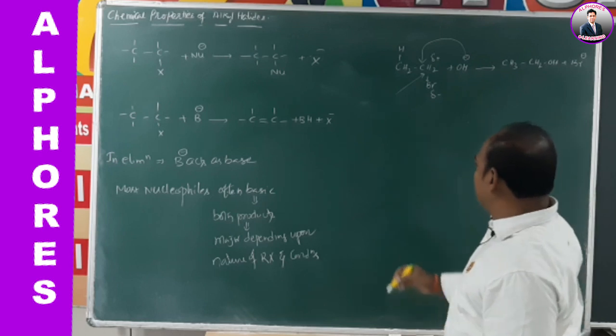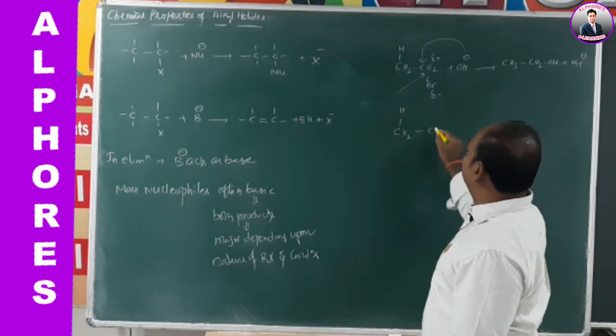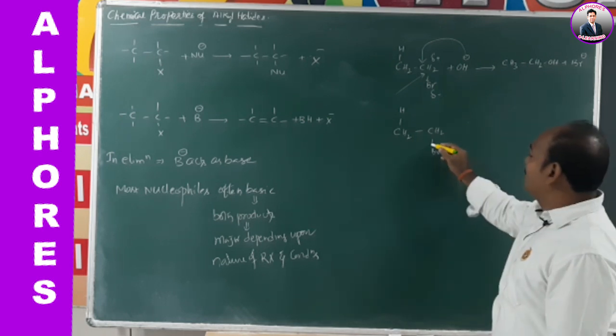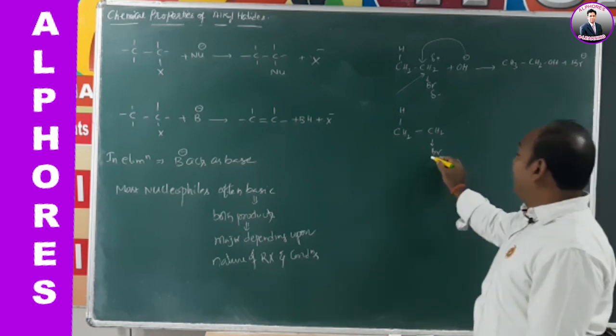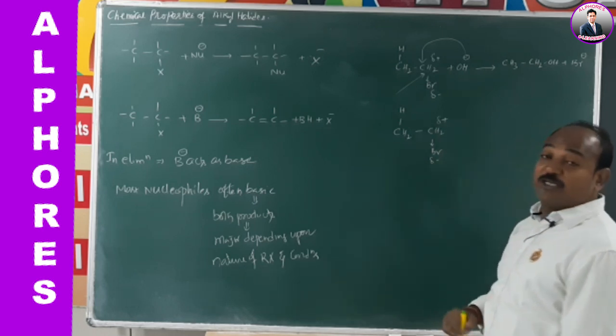Now, for the same situation, I am going to explain in a different way, CH3CH2Br. Whatever we discussed, Br is more electronegative, pulls electrons towards itself, and acquires partial negative charge, and this carbon acquires partial positive charge.